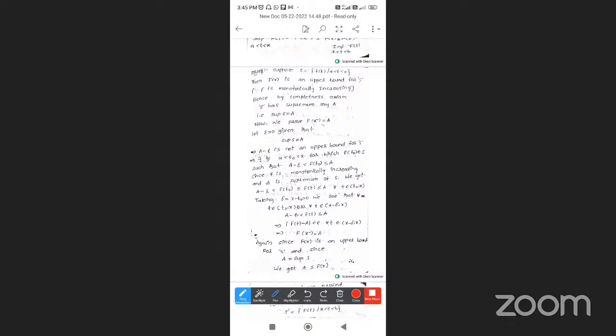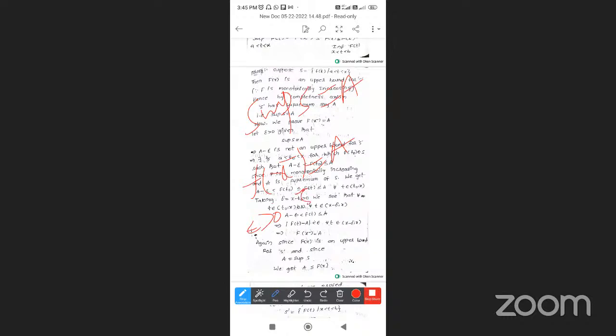Say the supremum of S is equal to A. Now we prove that the left limit of f at x is equal to A. Let epsilon be greater than 0.